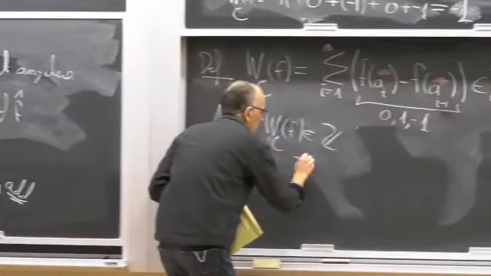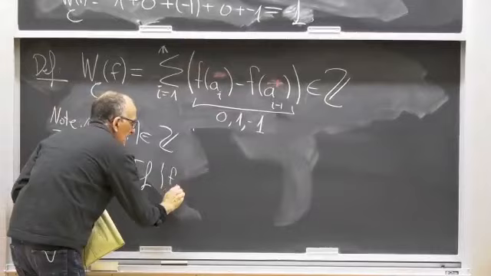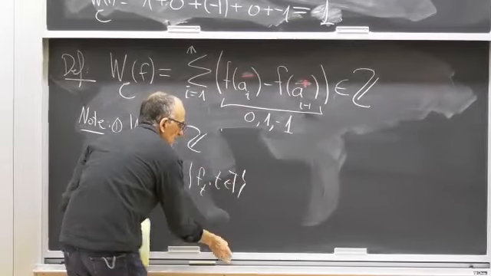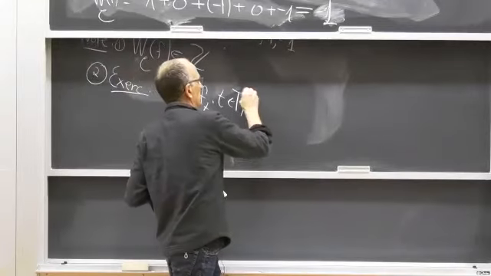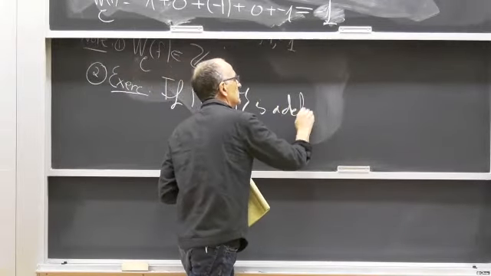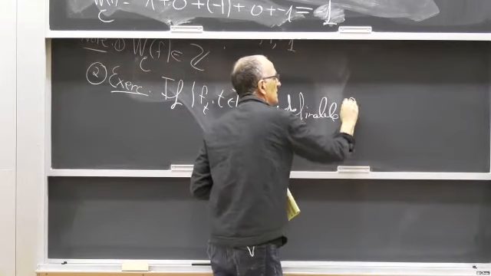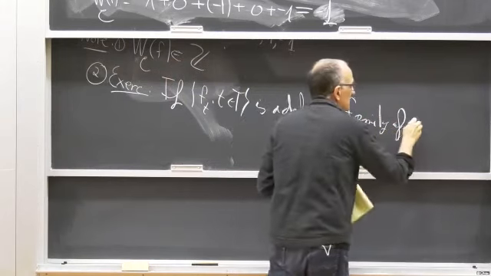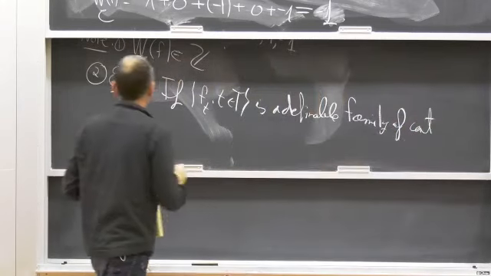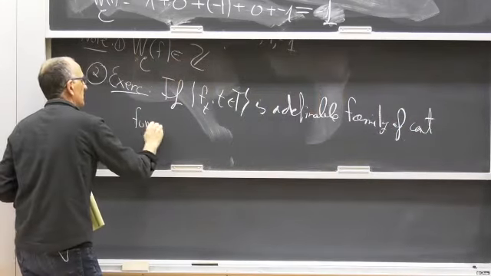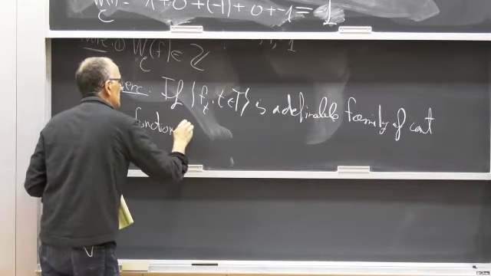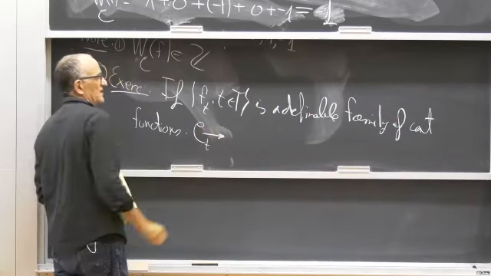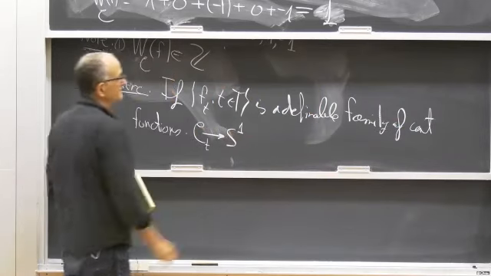So there is a bound on the number of such intervals, and you can do this uniformly in families. So if f_t, t anywhere, is a definable family of continuous functions, they don't even have to be from the same C. They can be from a family of C_t, from a definable family of closed curves into S1.